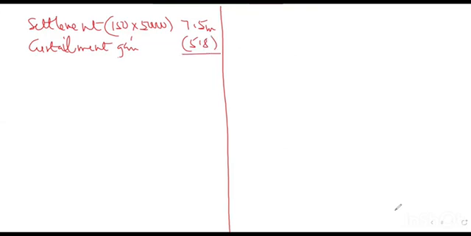Then what will be the net amount? What will be the net expense? The net cost? 1.7. Okay, so this 1.7 is the net expense.